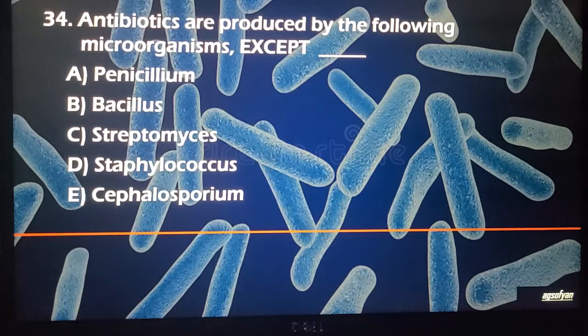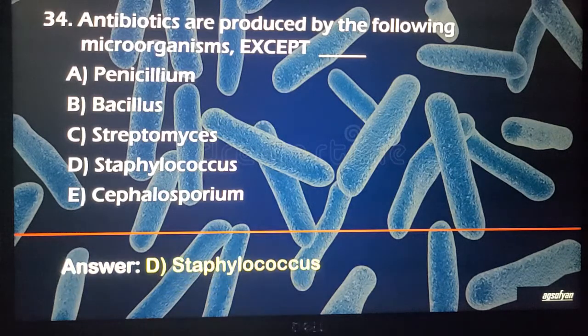Number 34. The antibiotics are produced by the following microorganism except A. Penicillium, B. Bacillus, C. Streptomyces, D. Staphylococcus, E. Cephalosporium. Choose your answer. Yes, the answer is D. Staphylococcus.